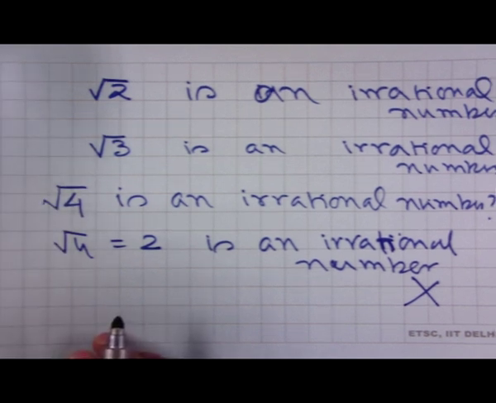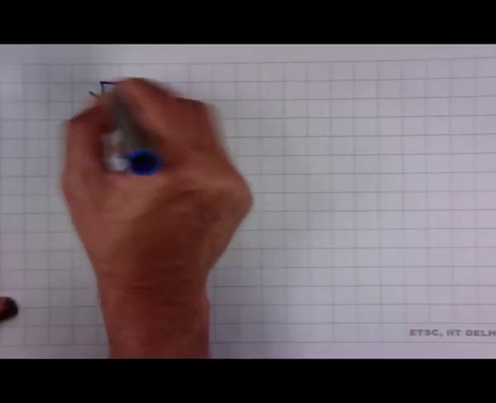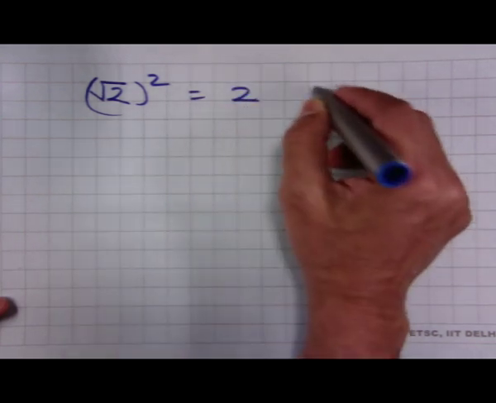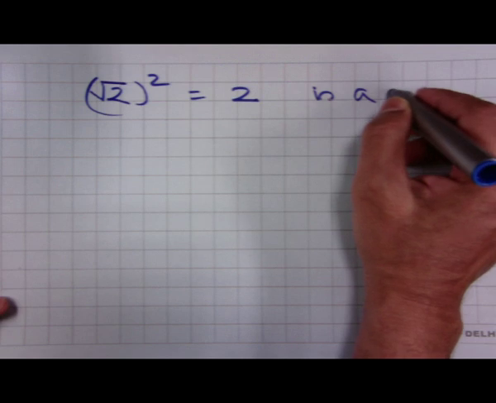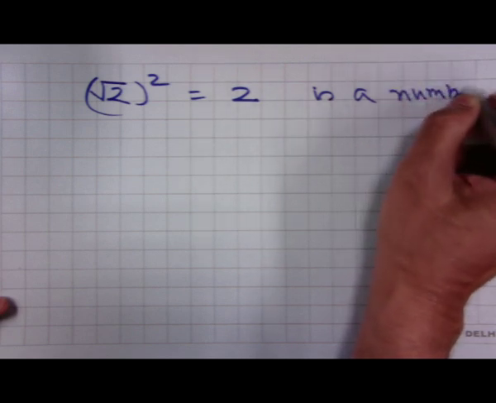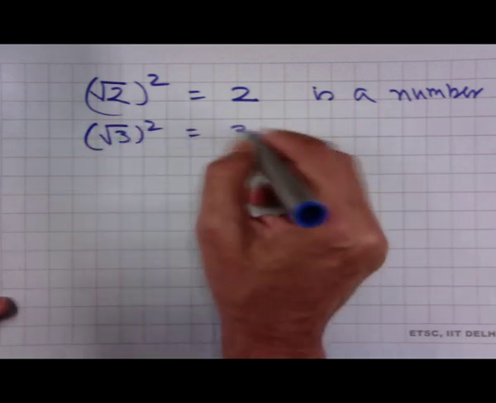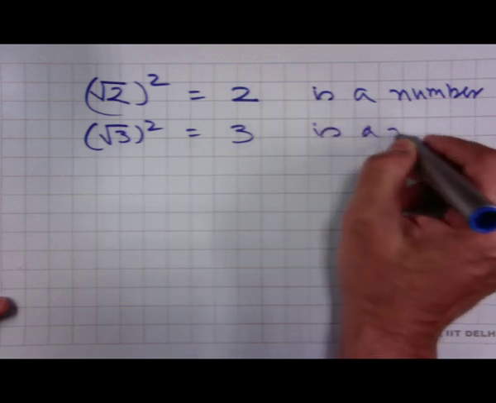In a similar way, we can say that root 2 squared is equal to 2, which is a number, right. Root 3 squared is equal to 3, which is a number.